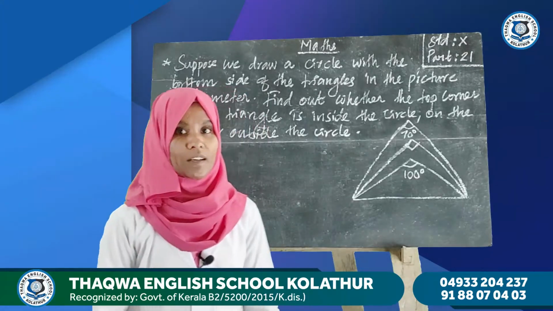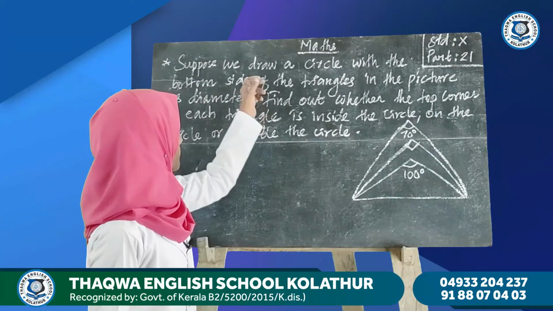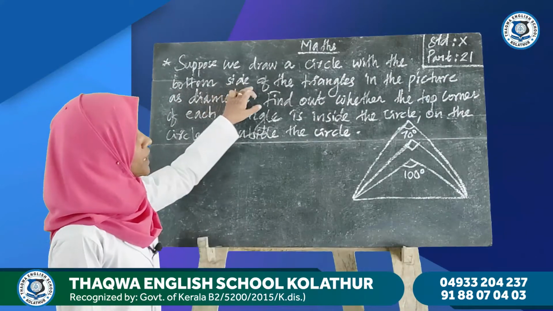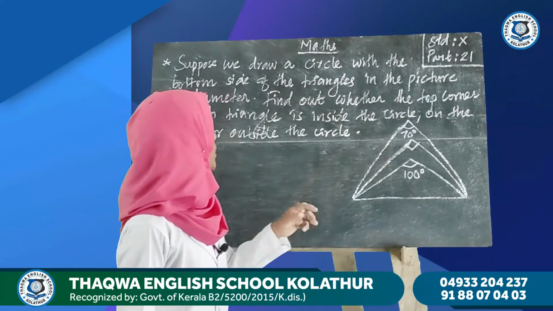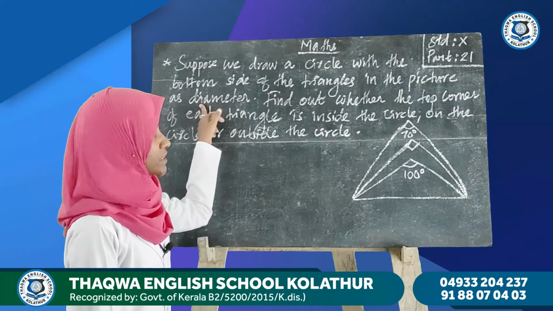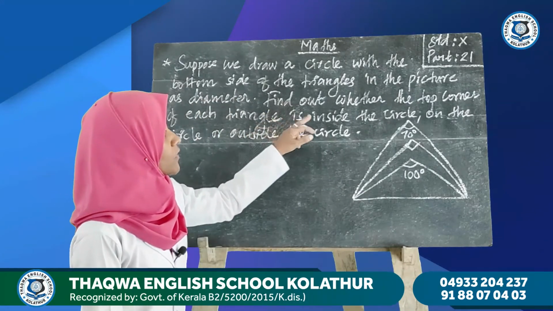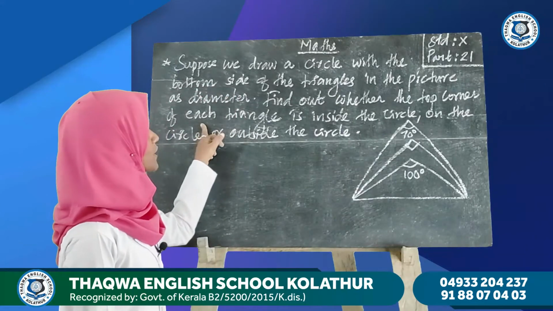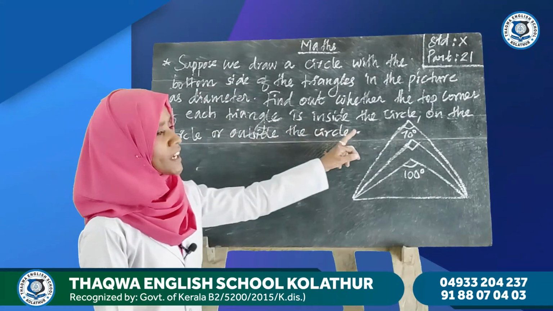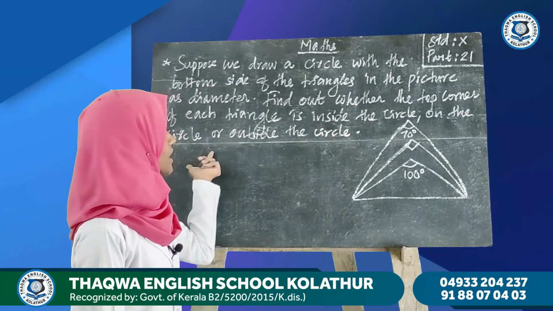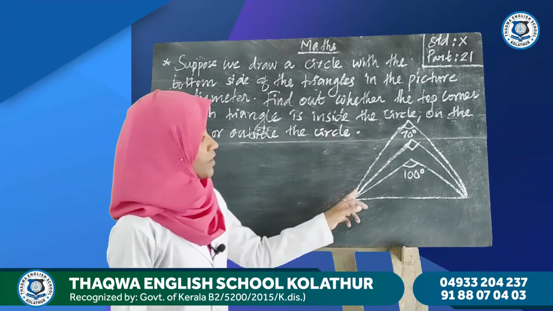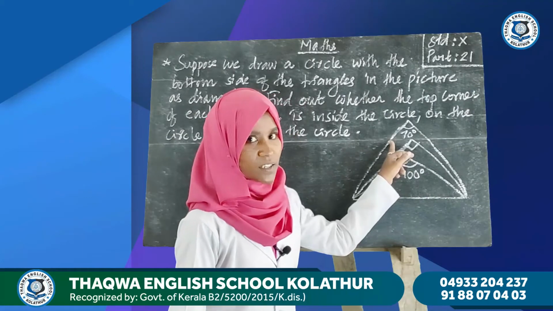This is the method of locating the center of a circle by using our set square. Next question. Suppose we draw a circle with the bottom side of the triangles in the picture as diameter. Find out whether the top corner of each triangle is inside the circle, on the circle, or outside the circle. Here you are given three triangles.